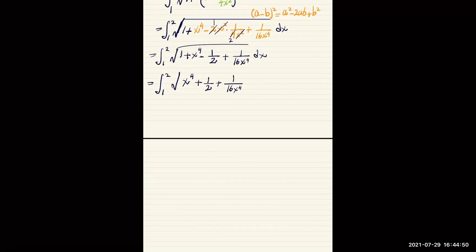This is in descending order because you might say, hey, 1/2 is the term with the smallest power. No, that's not true, because the power of 1 over 16x to the 4 is -4. This is power 4. This is power 0 because it doesn't have x. And this is power -4 because of the x to the 4 being in the denominator. So this is in descending order.